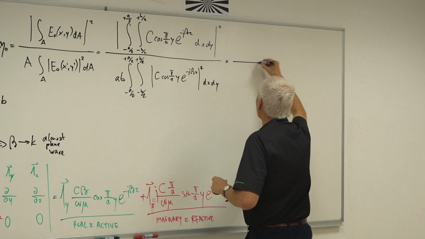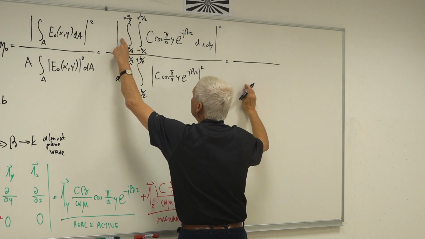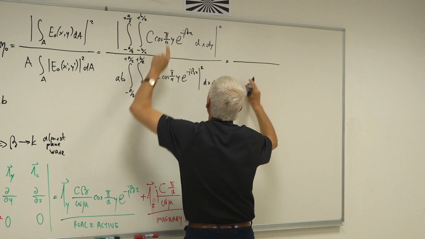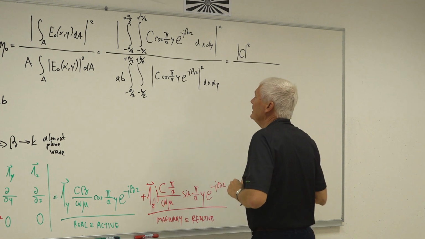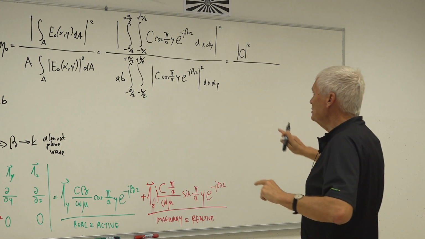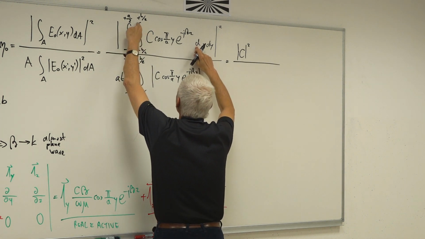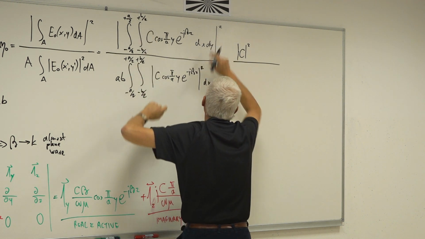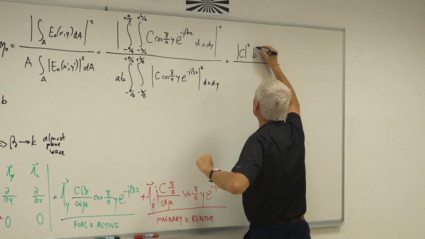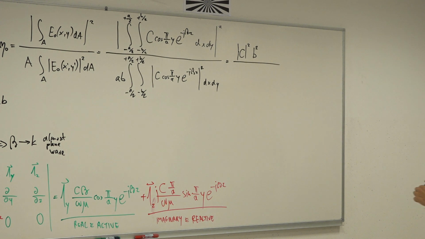On top, c is a constant, comes in front of the integral. Absolute value squared, so it's c squared. Then, integration over x. X goes from minus b half to plus b half. This is not a function of x, this is just b. Squared is b squared. b is real, so I need not write the absolute value sign over there.